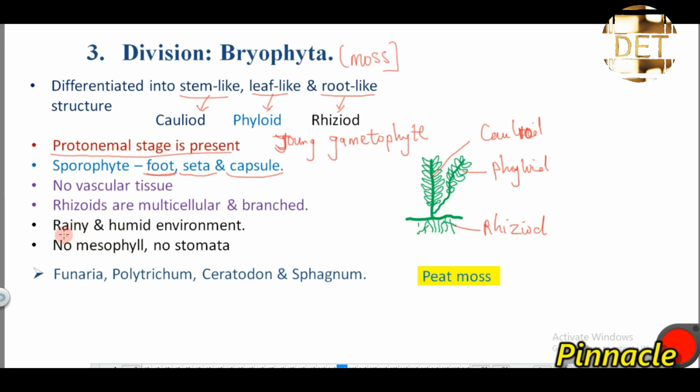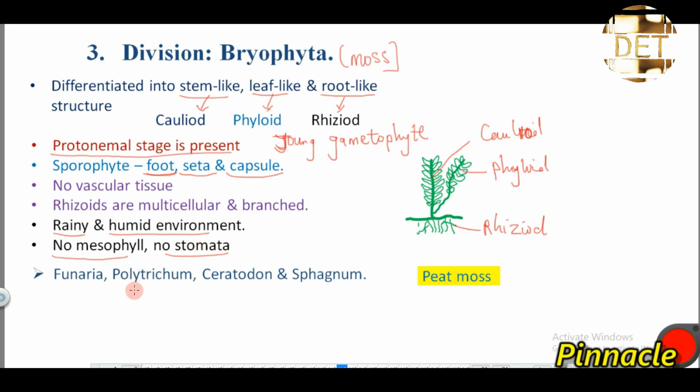Bryophytes, like we've said before, are found in rainy and humid environments, a wet environment. Also, they have no mesophyll or stomata. These are structures found in a typical plant. Bryophytes are plants, but they are not well developed plants; mesophyll and stomata are found in well developed plants.